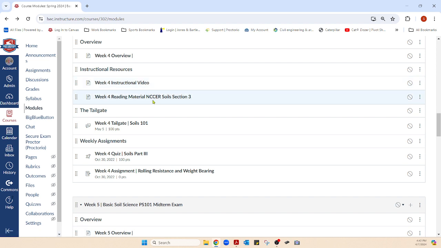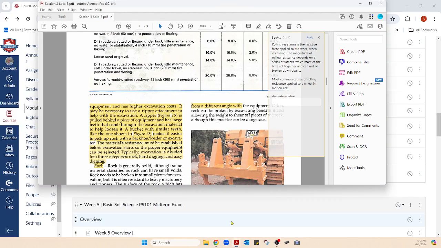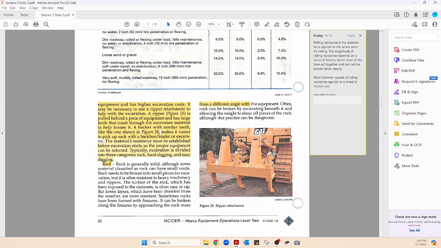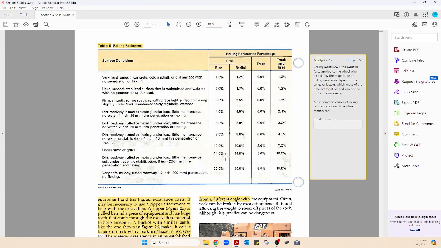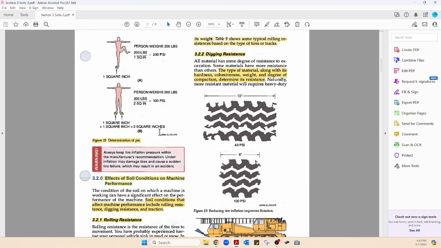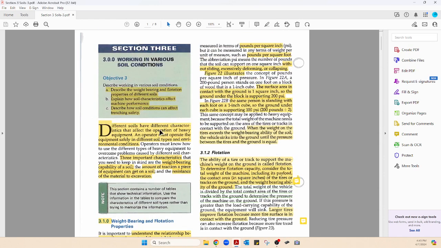Now, for the reading material and for the video's sake, I'm going to pull this up right here, and this is section 1 from the soils module. Let me get to the very beginning right here. I'm sorry, section 3 in that soils module.